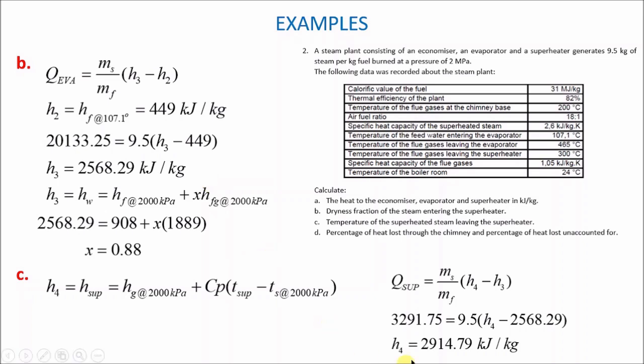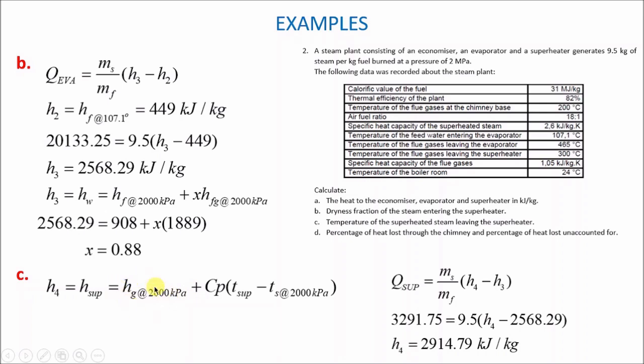To find H4, you come to the Q sup equation, and Q sup is equal to Ms over Mf, H4 minus H3 when we're looking at the flow of water. Replacing everything by what it stands for, because we already have all of these, the only thing we don't have is H4, and we can solve for it and find it to be 2914.79 kilojoules per kg.